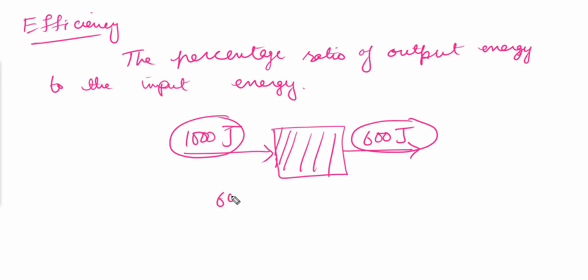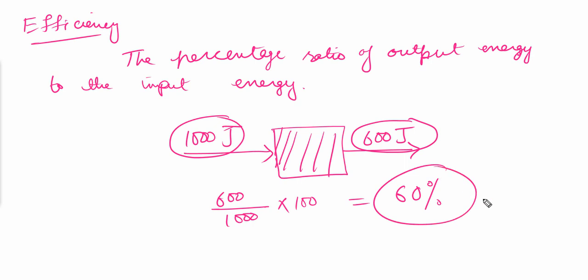So our efficiency will become equal to 600 joule divided by 1000 joules times 100, so that will be equal to 60%. So this system will be considered 60% efficient. Means it will convert the 100% energy to 60% of useful work done and waste the remaining 40% of the energy. So this is how we can understand the concept of efficiency in any system.